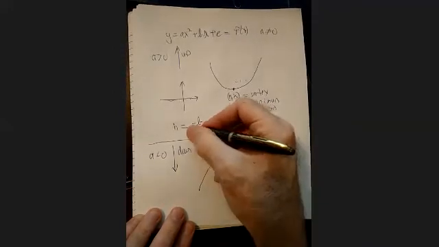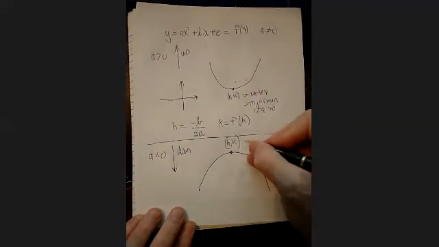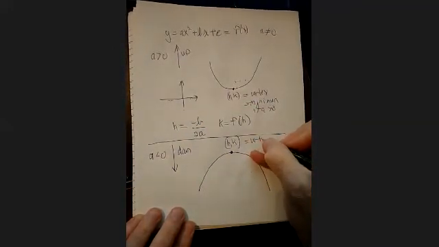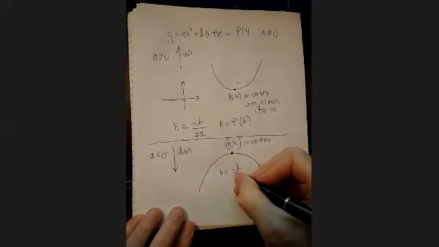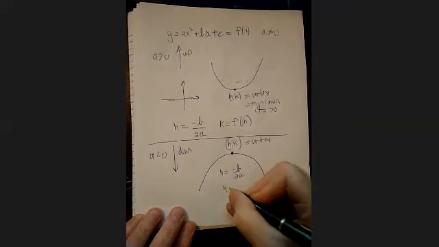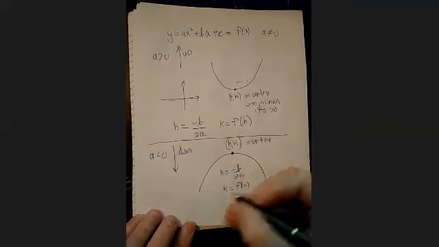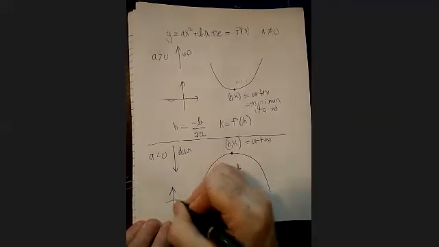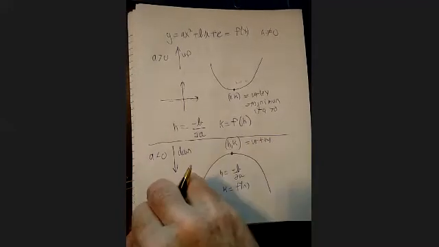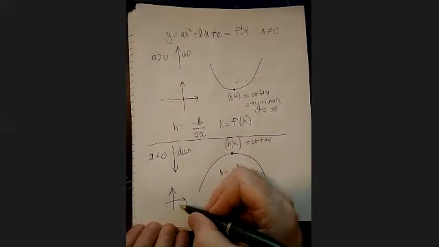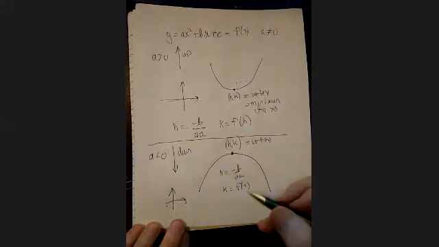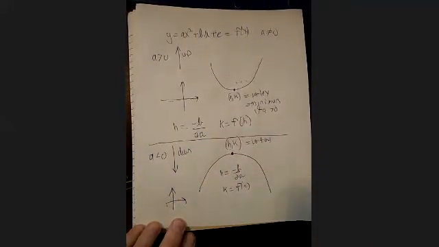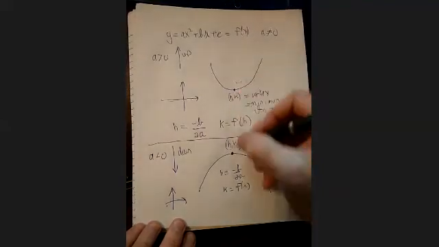That formula still holds, same formula. h is again going to be minus b over 2a, and k is going to be f of h. And again, I'm just trying to indicate here that this is somewhere on the xy plane. It could be down here, it could be higher, but I'm indicating that it's somewhere on the xy plane without saying exactly where. So that's the key ideas.